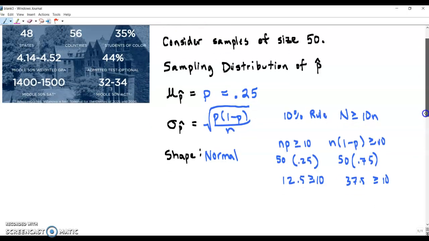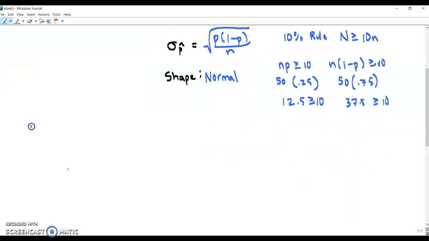So let's just pretend that I took a sample of size 50 from this population, the admitted NOVA students who submitted SAT scores, and I got 10 out of 50, or 20%. I mean, it's a p-hat because it's a sample proportion, right? So I might doubt the claim that p does in fact equal 0.25.